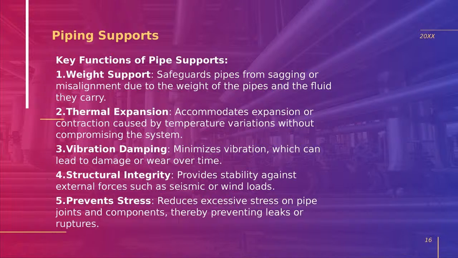It is not only to support the pipes, but also to minimize vibrations during operation, for structural integrity, and to keep the stress value of the piping components within the limit. I will explain the pipe support later. It is a big subject, we'll see it in detail.